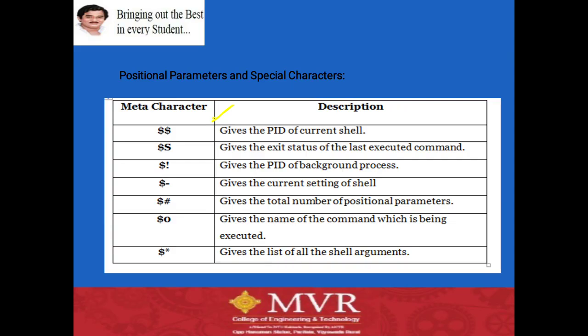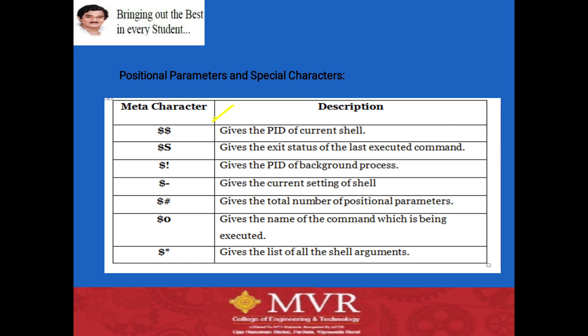While writing shell scripts, we will use this command very frequently for that check. It gives the exit status of the last command executed. Exit status means whether it is true or false, success or failed. If the previous command is successfully executed, it will give 0. If the previous command is not executed successfully, it will give 1. That is called the exit status of any command.